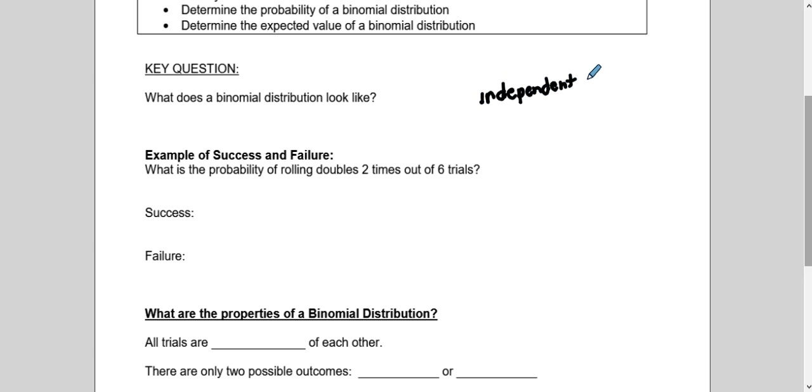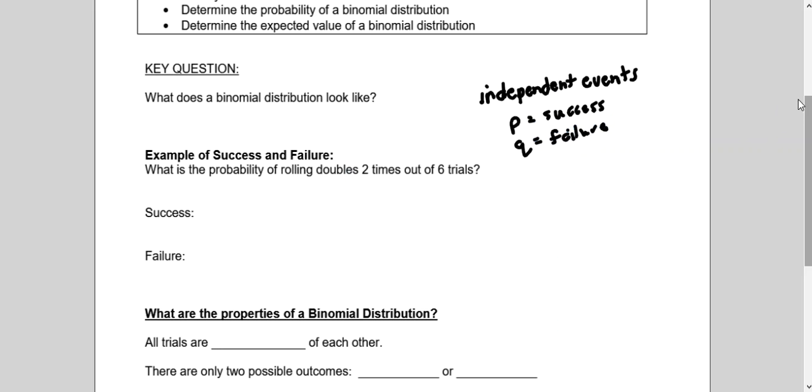And we learned in the last unit that independent events are not connected. The probability stays the same throughout. So we have a definite success probability P, and a definite failure probability of Q. And we're going to talk about what that looks like as a picture.